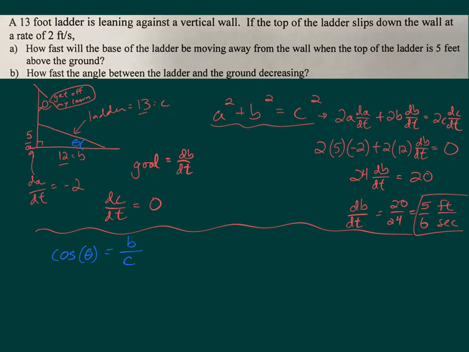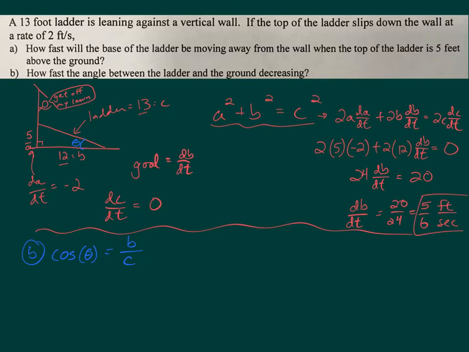And so we can go right into finding the derivative. All of these values for this second scenario, part B, still are in effect. So dA/dt is negative 2, A is 5, B is 12, C is 13. dB/dt we now know as 5 over 6, and dC/dt is still 0.